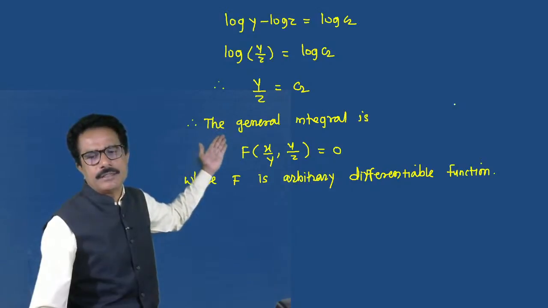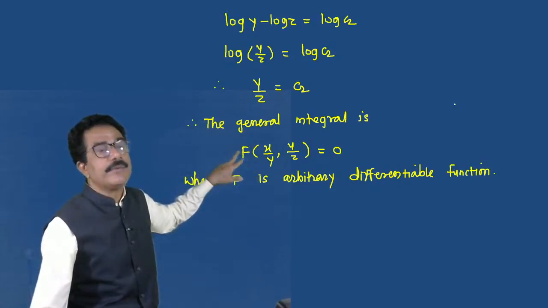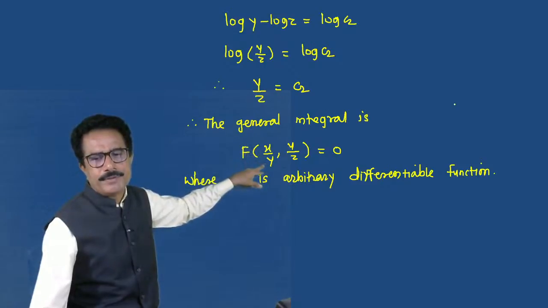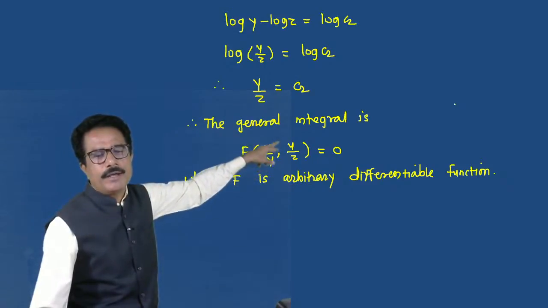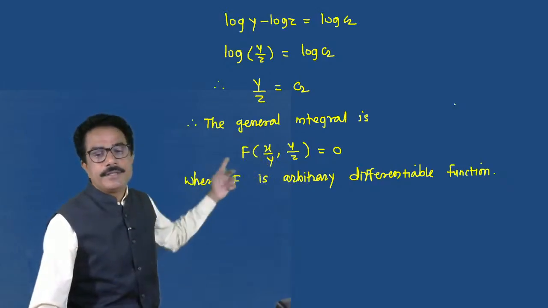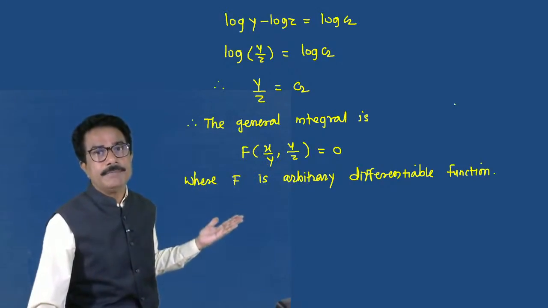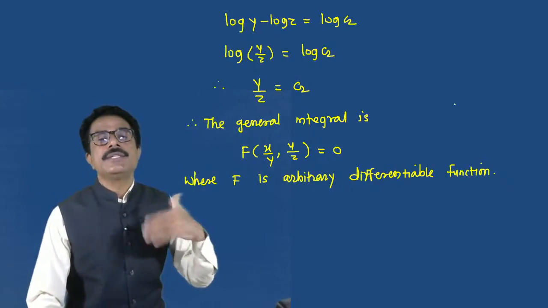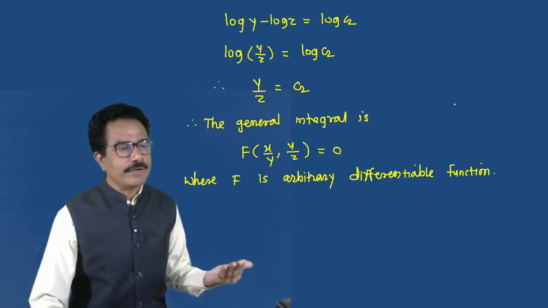So the general integral is, we can write f of x divided by y comma y divided by z, which is equals to 0. We know that according to the theorem, Lagrange's theorem, f of u comma v is the solution of the given differential equation.